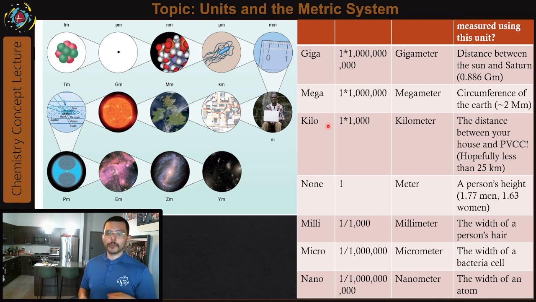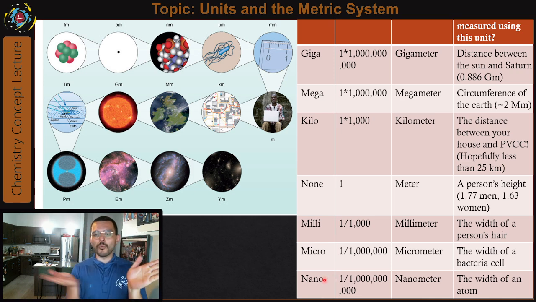If you've ever heard the word microscopic used to describe small things, the width of a bacteria cell is microscopic. It's a micrometer. That said, you might hear atoms described as microscopic, which frustrates me because they're even smaller. You actually would want to describe them as nanoscopic, which means if you take a meter divided by 1 billion, that's how big a thing is.